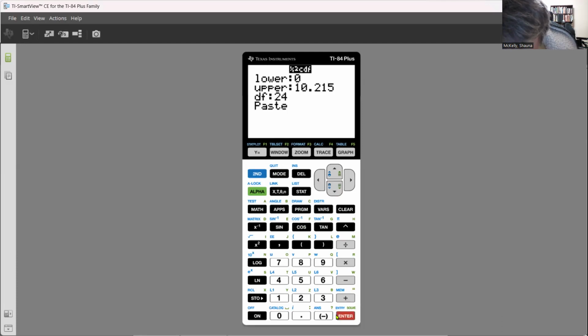Enter. This is 24.672. I'm doing E99. I want to do it to the end here. My degree of freedom is 10. And I'm going to paste it in.